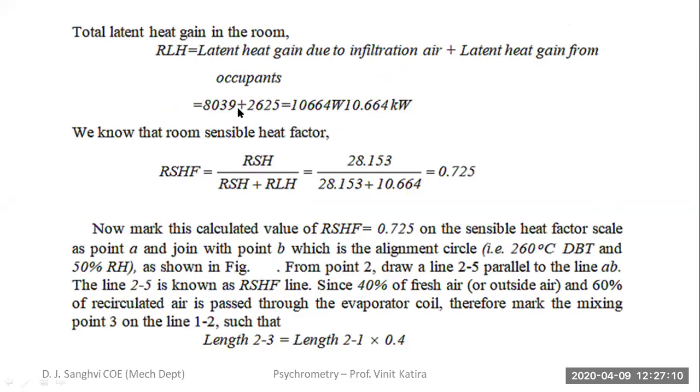Next we'll be finding the total latent heat gain inside the room. Here the latent heat gain is due to the infiltration air, as well as the latent heat gain from the occupants. So you should be getting the total as 10.664 kilowatts.